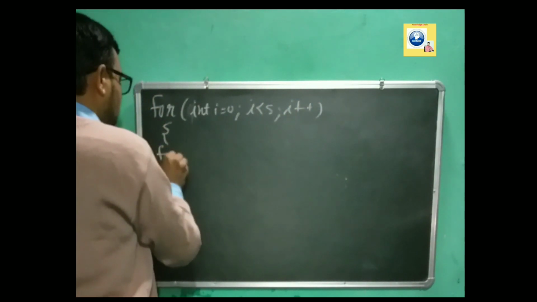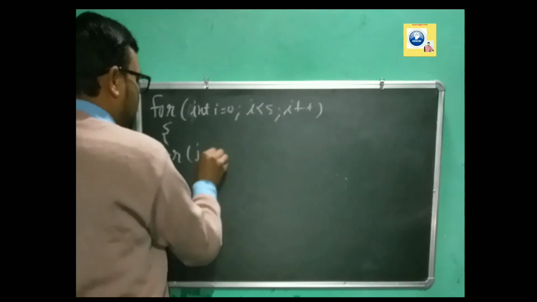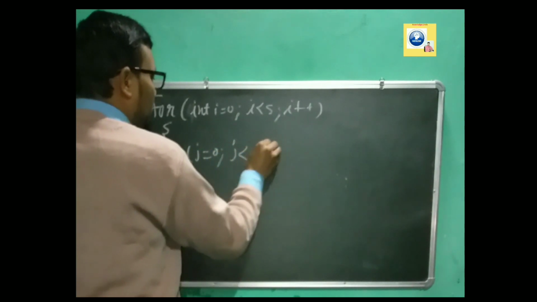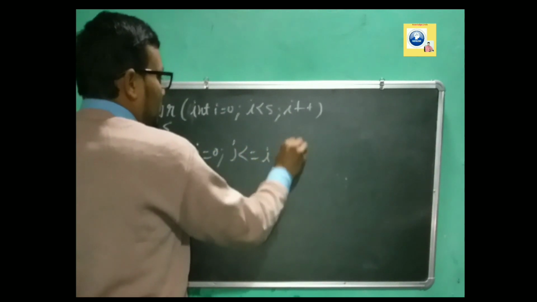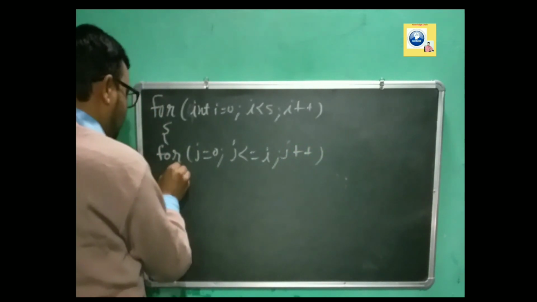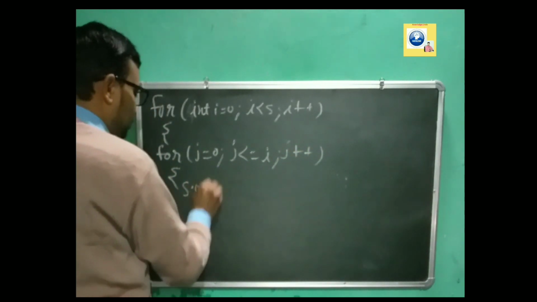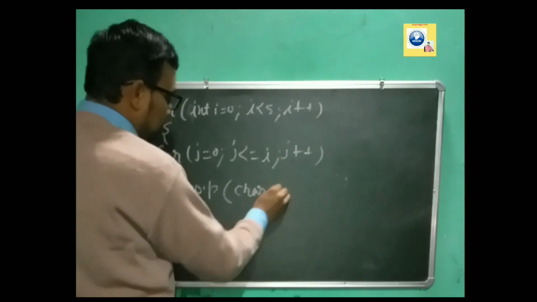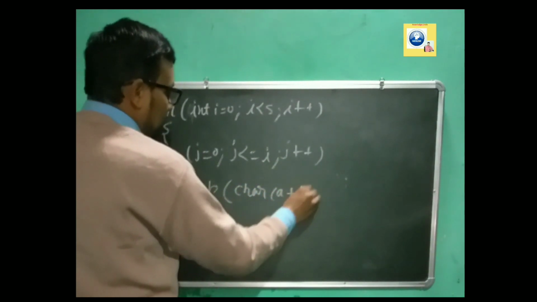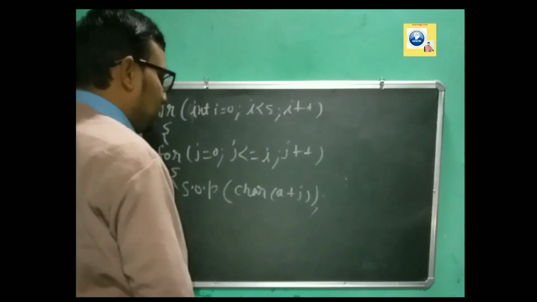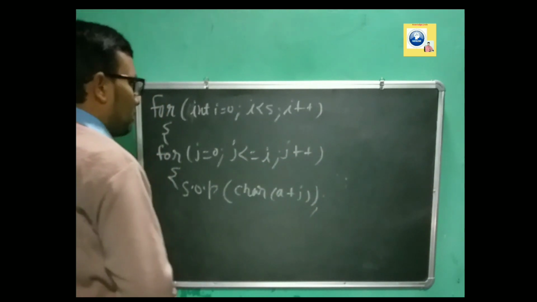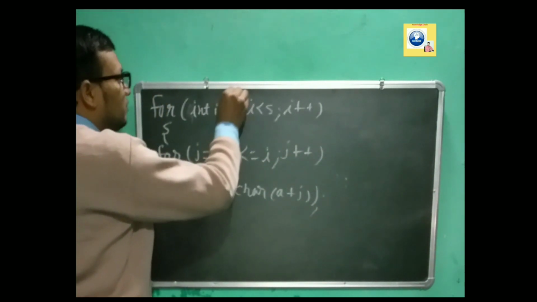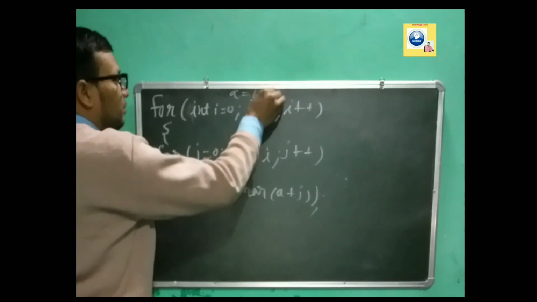Then for j is 0, j should be lesser than or equal to i, j plus plus. And then what are we printing in SOP? We are printing here char, we are converting into character, that is a plus j. This is what we are doing. Now see what will happen. What is the value of a? 65 we have already kept.